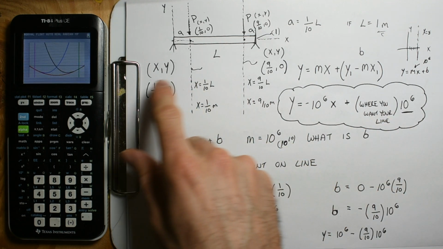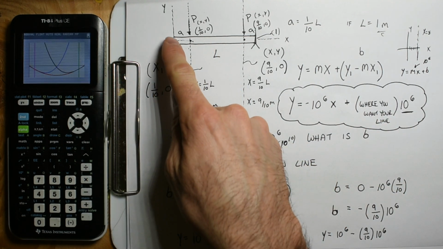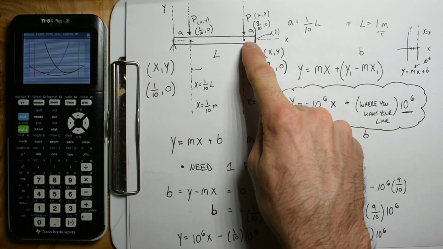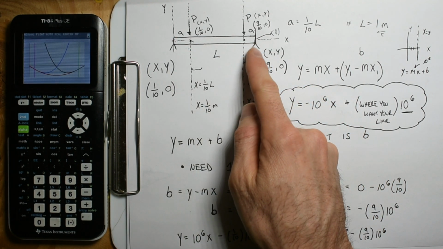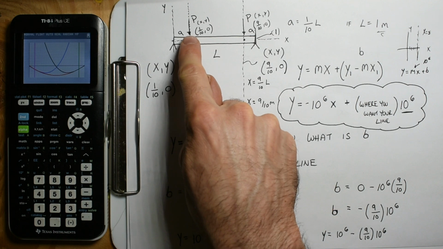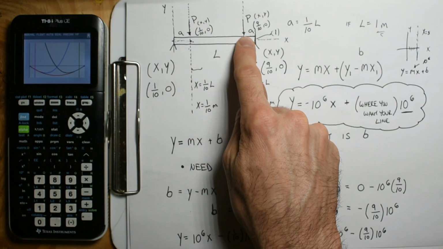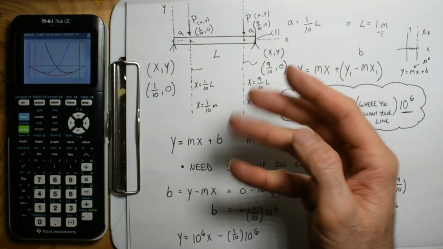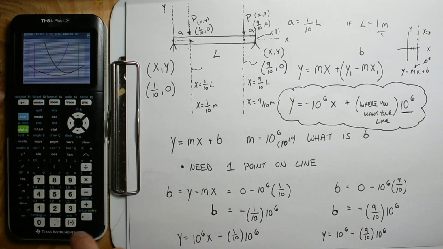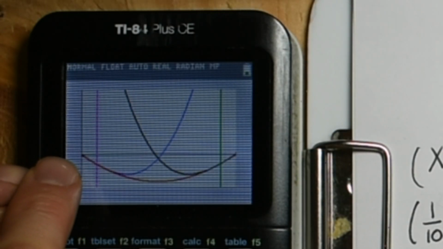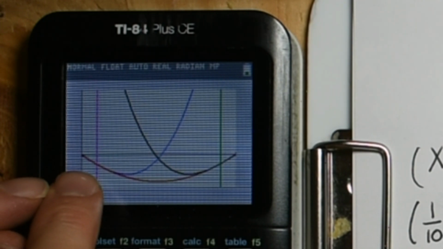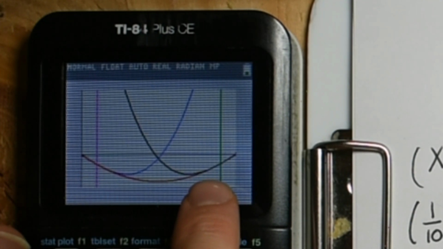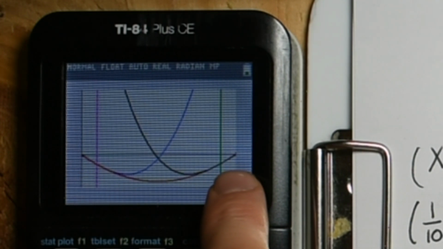This is a mechanics of materials problem where you have beam deflection, and there's an equation for the deflection of this beam. But you get interruptions, like this load and this load, and you get 3 equations: one for 0 to 1/10 of a meter, one from 1/10 to 9/10, and a third from 9/10 to 1 meter.